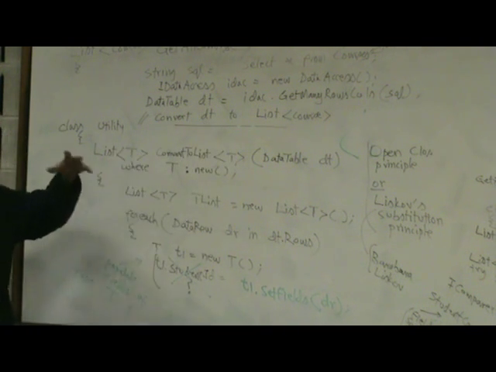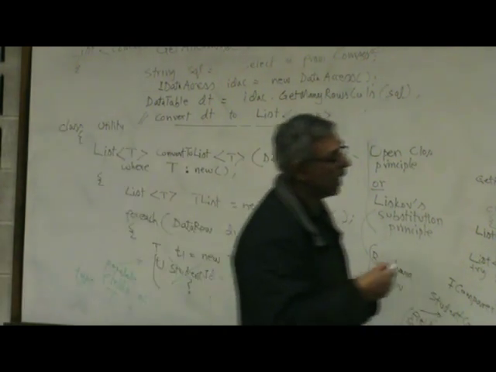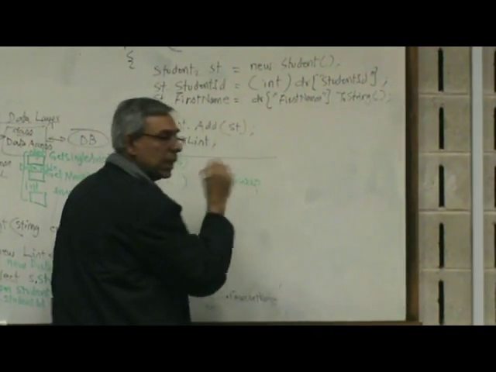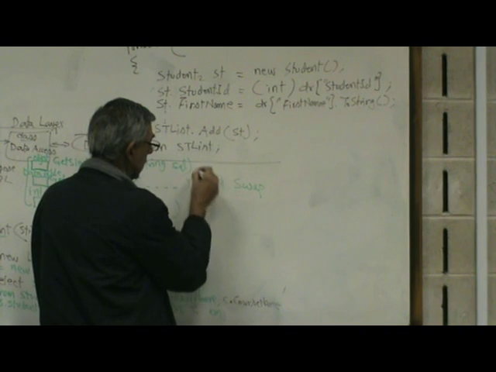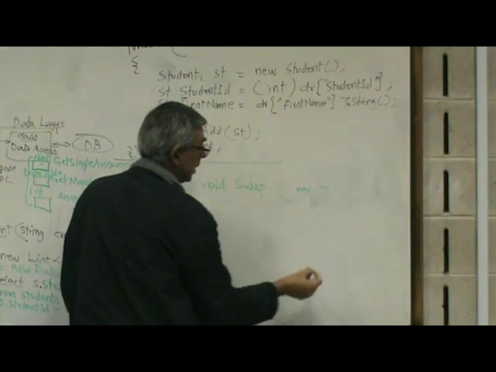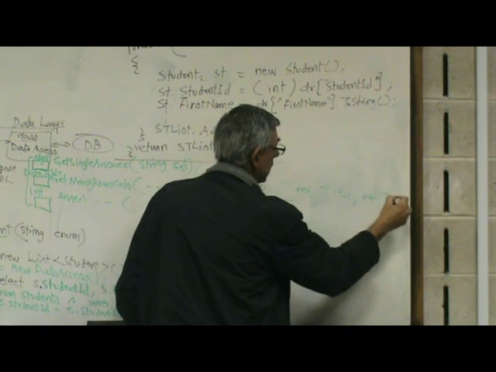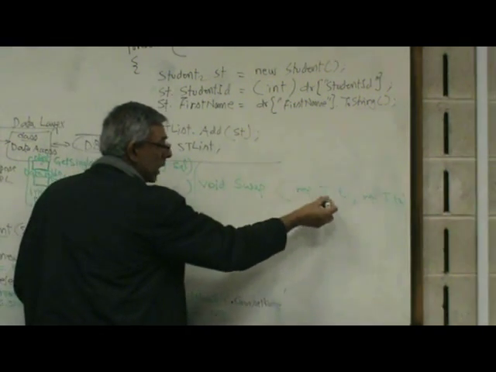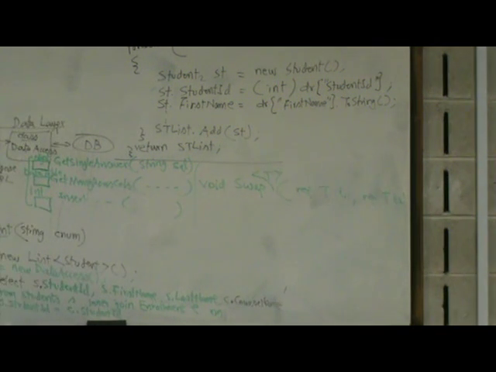So this will be returning a list of that T. If you forgot, go back to when we were writing the swap function or the exchange function. We had written it something like this: void swap, ref T1, ref T2 or something like this, right? And what is T over here?